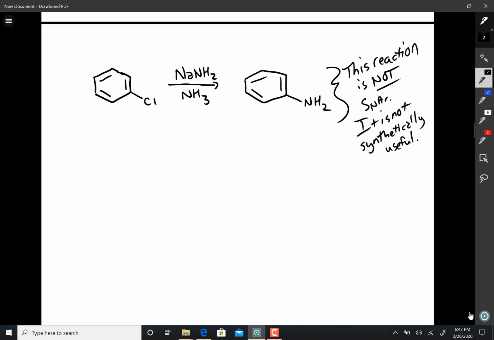It looks okay, but the problem is this lacks the necessary electron withdrawing group to do the nucleophilic aromatic substitution.